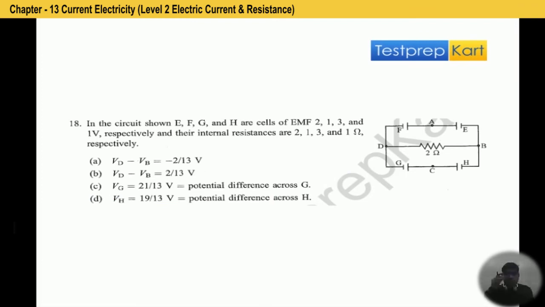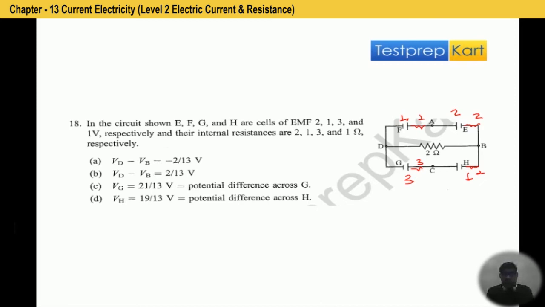Next question. In the circuit shown, E, F, G, H are cells of EMF 2, 1, 3 and 1 respectively. Their resistances are 2, 1, 3 and 1 in the same order respectively.